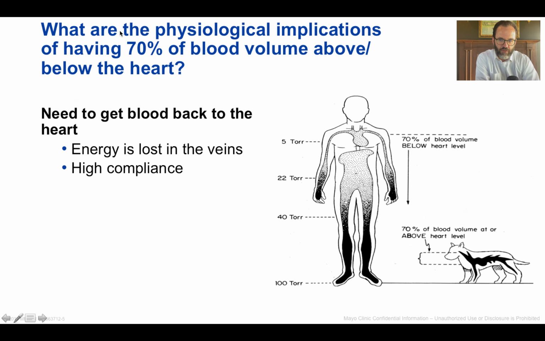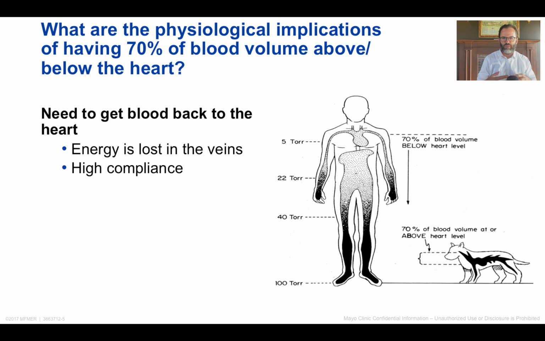Just to expand on this a little bit, the physiological implication of having 70% of the blood volume below the heart is that you need to get the blood back to the heart to be pumped back out to the circulation, and certainly pumped through the lungs back to the left side of the heart, back to circulation. The challenge here is that there's a tremendous amount of energy that is lost in the veins. If you recall back to our prior lectures, we don't have a large amount of elastin in which we can store that potential energy inside the veins.